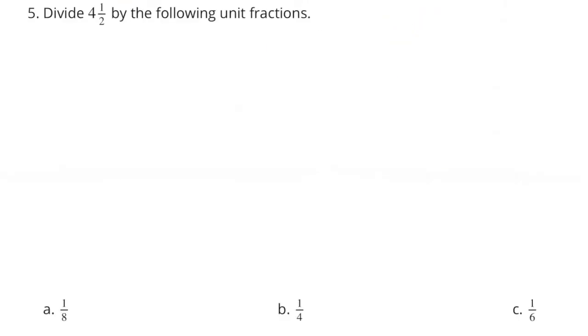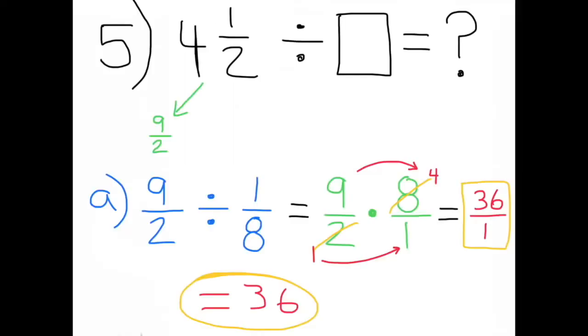Number 5. Divide 4½ by the following unit fractions. A. 1/8. 4½ is the same as 9/2. 9/2 divided by 1/8 equals 36/1, which is the same as 36. There are 36 groups of 1/8 in 4½.